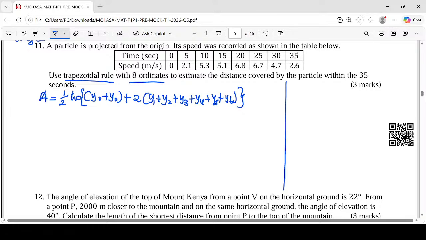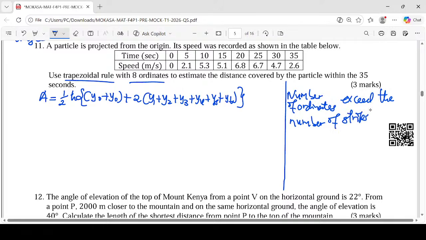In the trapezoidal rule, I want you to get this clearly, ladies and gentlemen, from STEM Smart Academy, that the number of ordinates exceed the number of strips by 1.